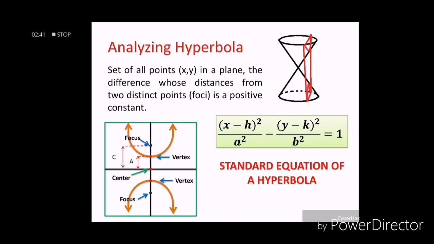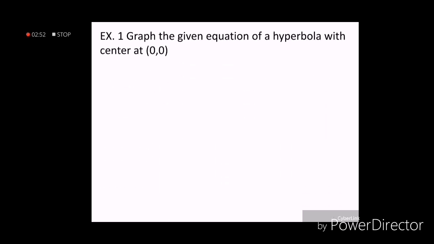Let us now have an example on how to perform operations or answer problems involving hyperbola. In this example, we are going to graph the given equation of hyperbola with the center at 0, 0, or simply, yung center niya ay nasa origin. We have the given standard equation x squared all over 9 minus y squared all over 16 equals 1.